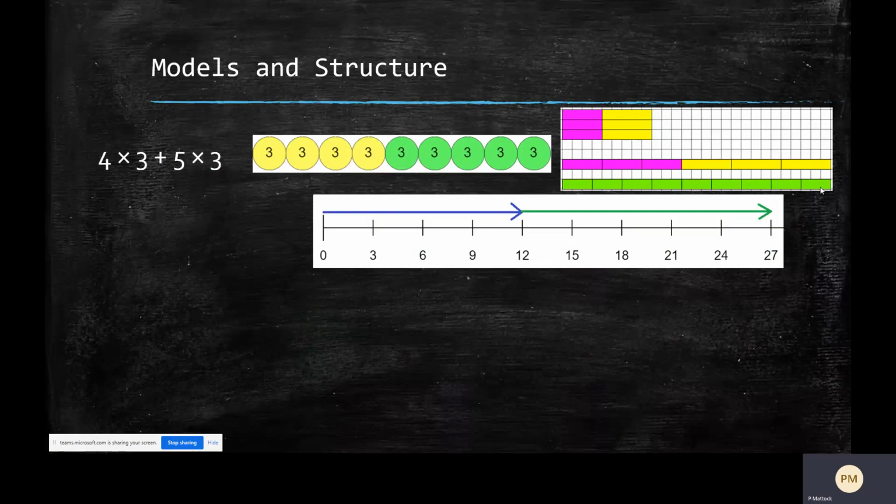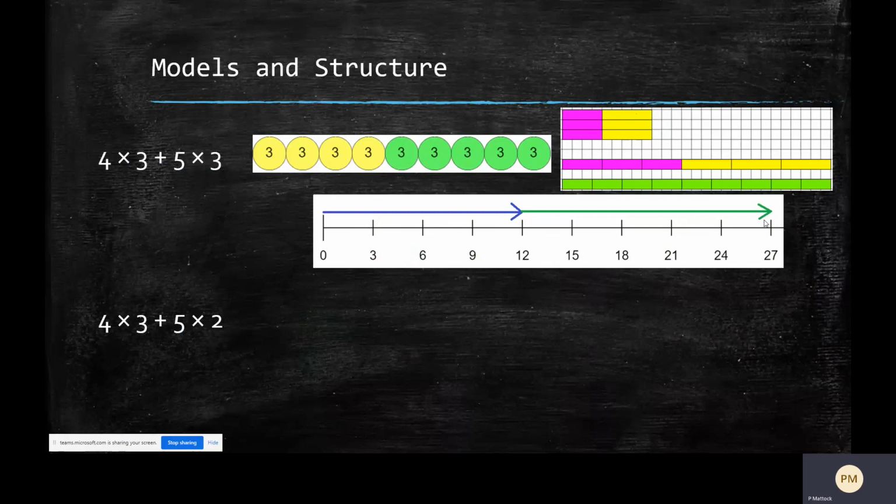Because I'm doing 4 threes and 5 threes, I could graduate my number line in threes and show 4 threes, 1, 2, 3, 4, and 5 threes being connected, because addition looks like that. I can see addition like that being connected to make 9 threes.